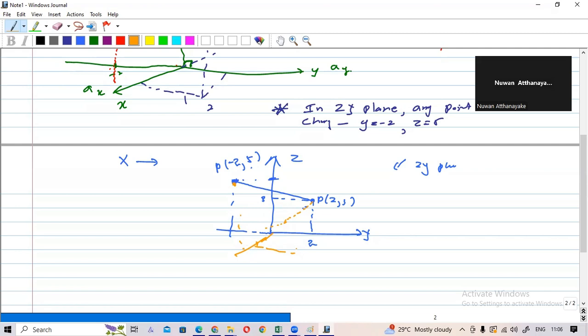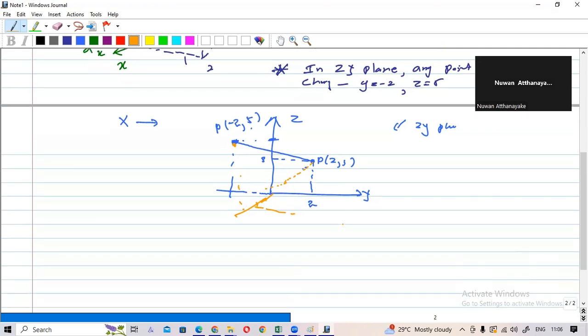So you can take this point with x-axis coordinate 1. Same point. Maybe you can understand this easily.